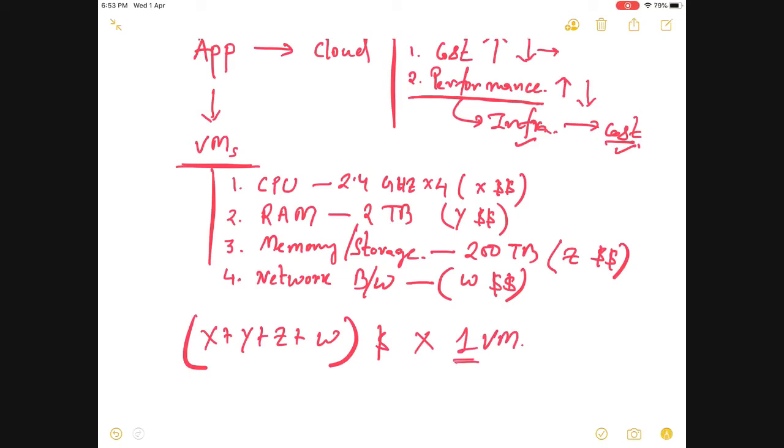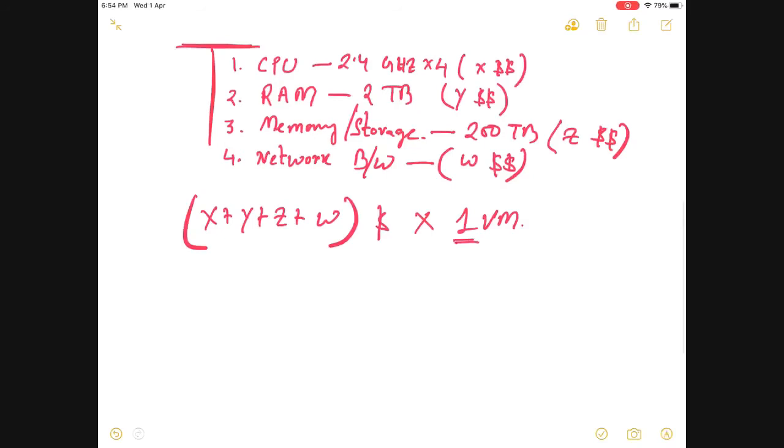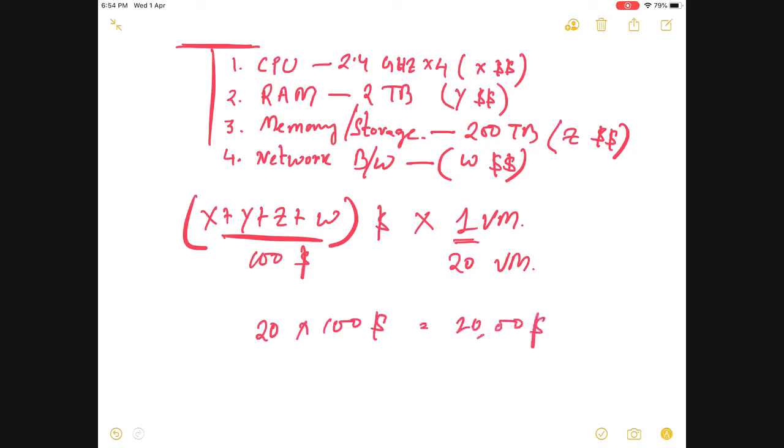So if this costing turns into, say, $100, and I need 20 virtual machines to accommodate my requirement, it is obvious that 20 into $100 turns into $2,000 of total costing. And maybe I decided on 20 virtual machines based on 100 users.